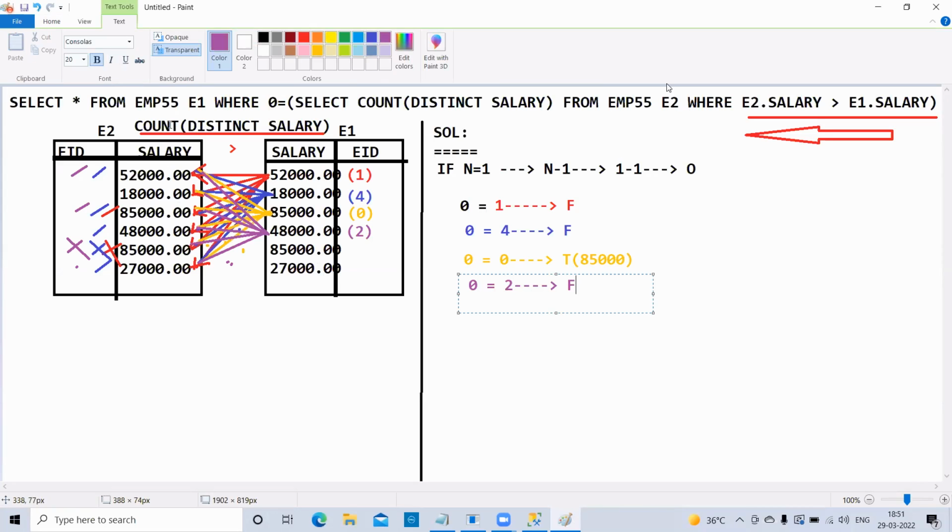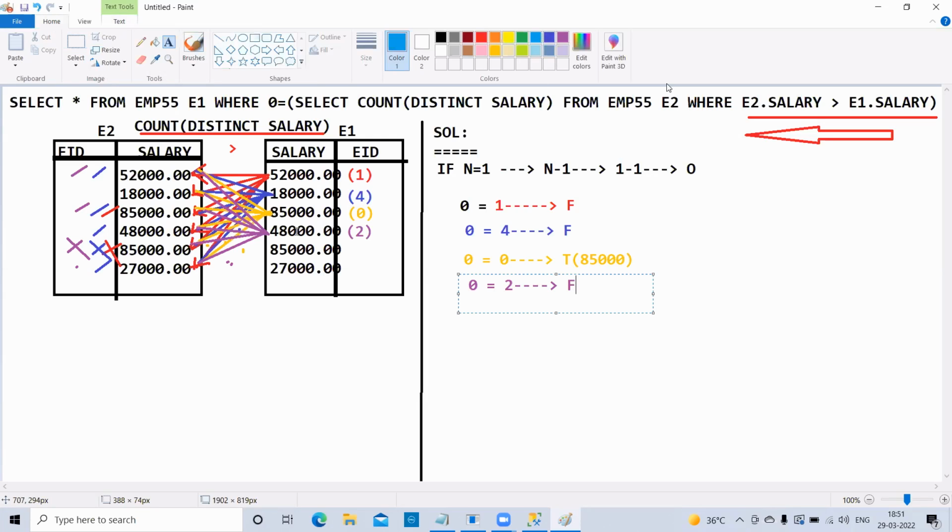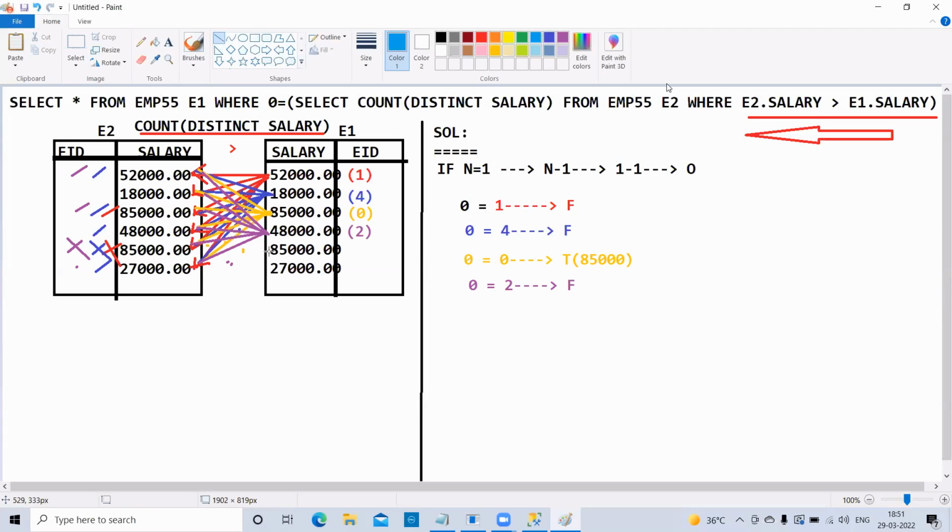Now, the next one. 85 again, the next value is there. So 85 again, I'm comparing. Tell me, 85 above, how many values are there? Again 0.